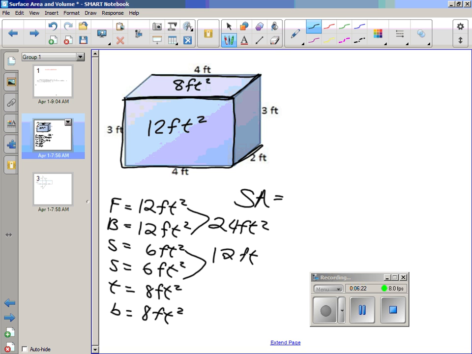And then we can combine those two if we want to and say it's 36 feet squared. And the next two is 16. Wait, no. 52. And we add them all together, and I should get 52.